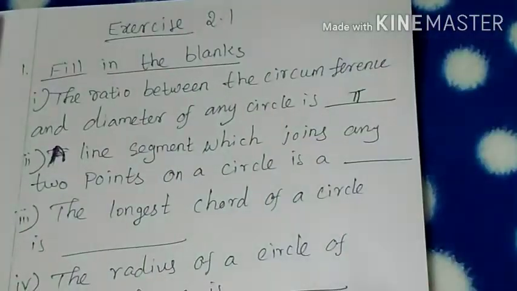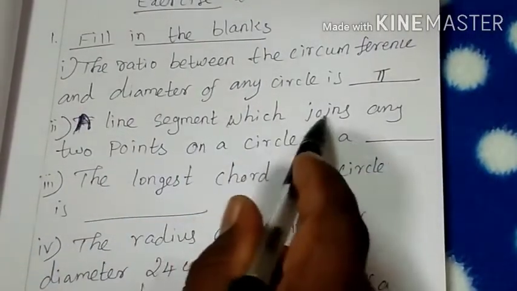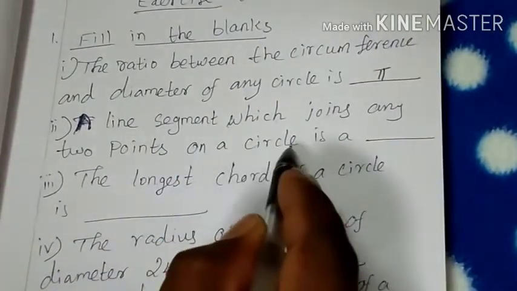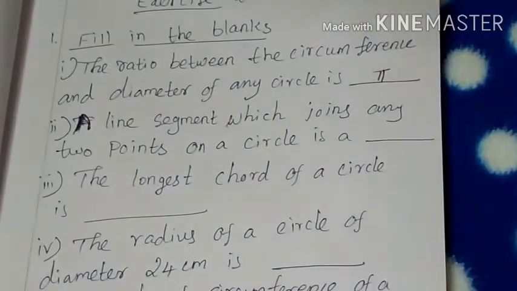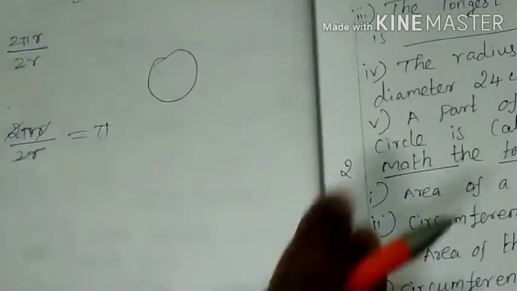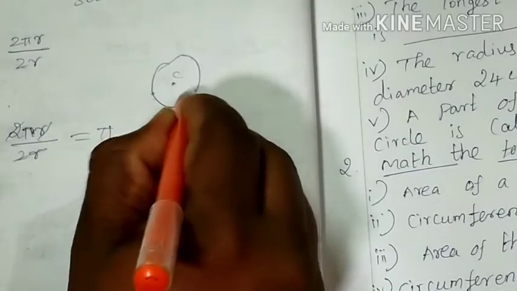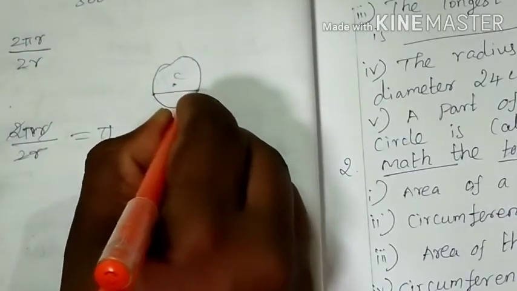Have you understood? Then the second question: a line segment which joins any two points on a circle is a dash. Consider this circle with its center point. A line segment joining any two points on a circle is called a chord.